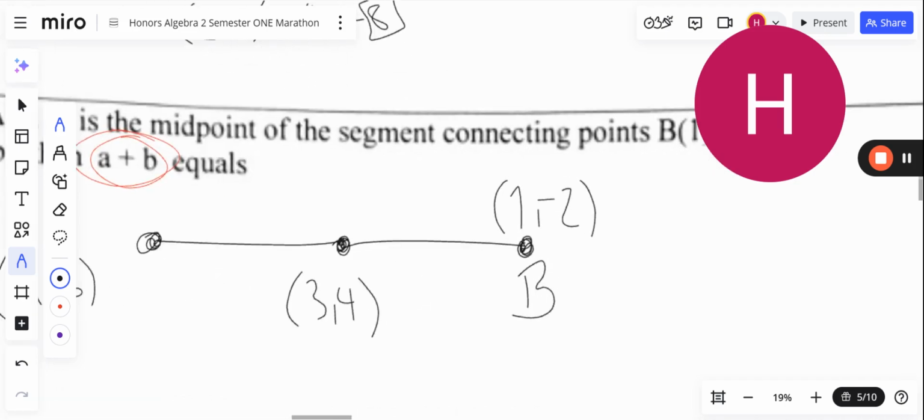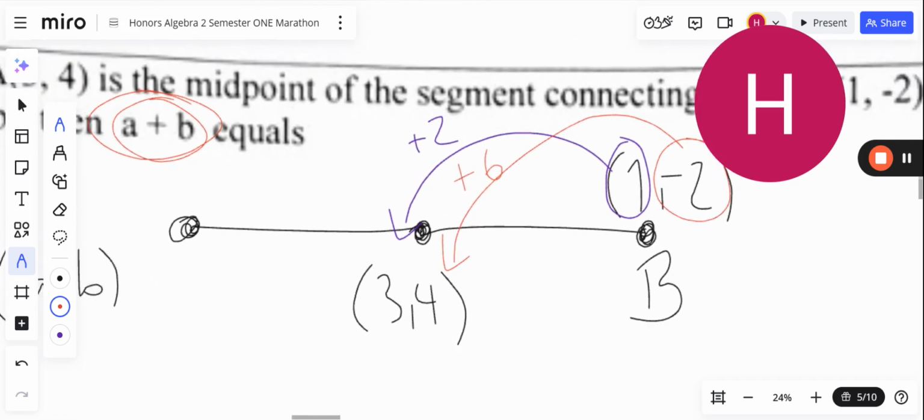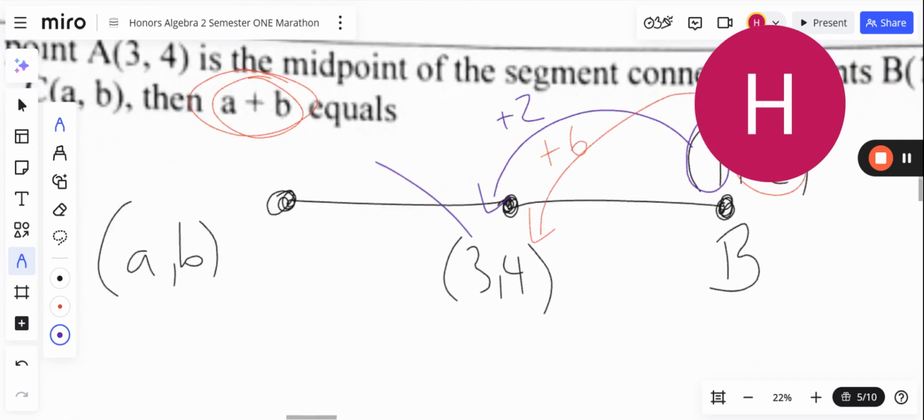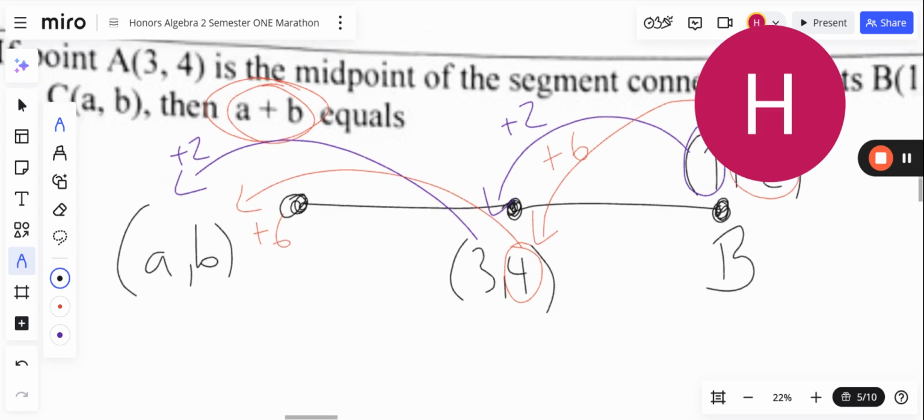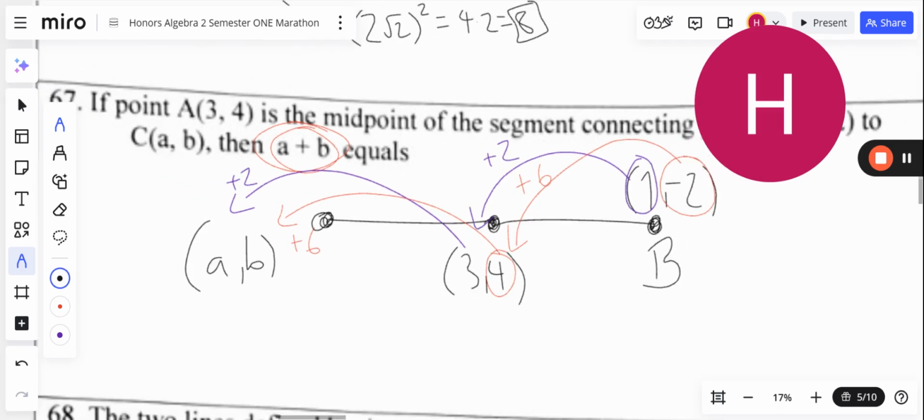The simple question is, how do I take this x value and go to a 3? I'm going to just plus 2. And how do I take this negative 2 and go to a 4? Well, that's simply going to be a plus 6. And if this one is halfway there, you can do the same instructions, plus 2, plus 6, in order to get onto the other side, because you went halfway, which means you have to do the exact same motion again to go the second half.